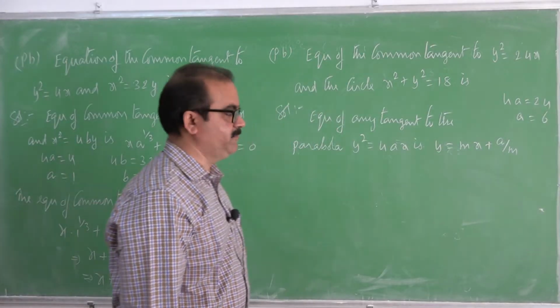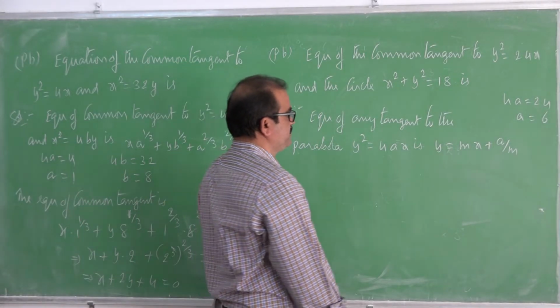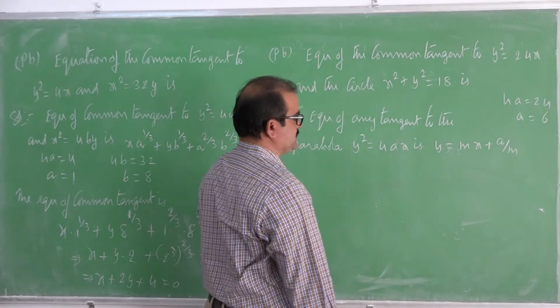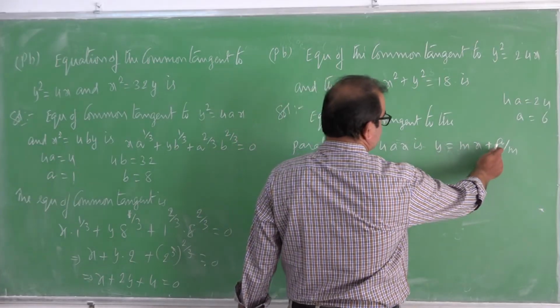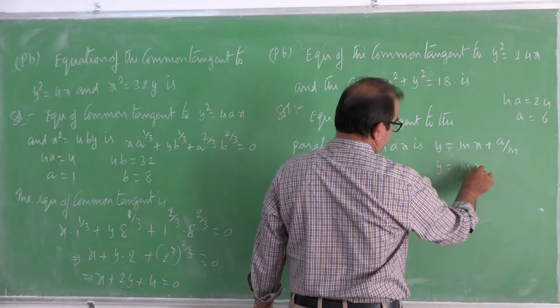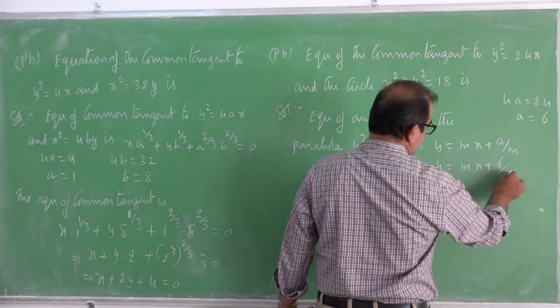Y is equal to mx plus a by m. We already discussed this formula in previous class. What is a value here? 6. So y is equal to mx plus 6 by m.